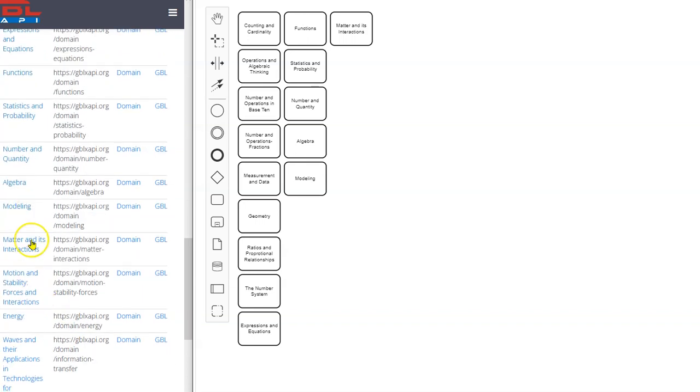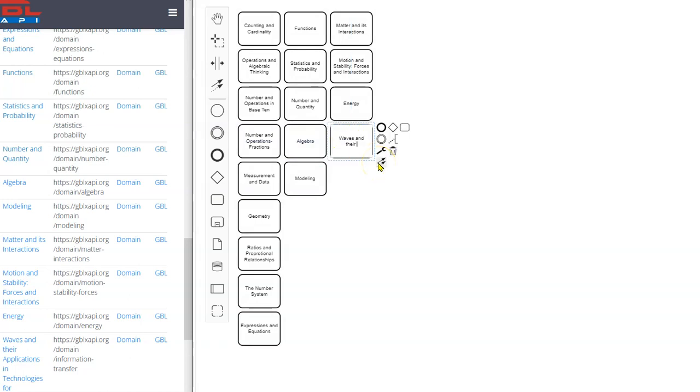So now we're on to the sciences. So let's go to motion and stability, forces and interactions. Energy, yeah, we're definitely in the physics area.